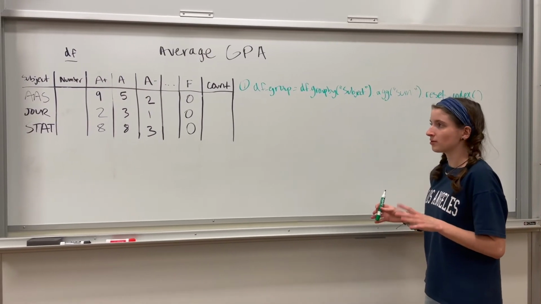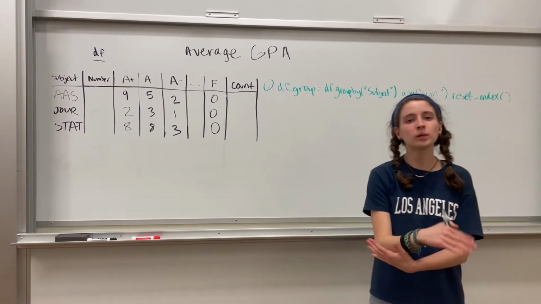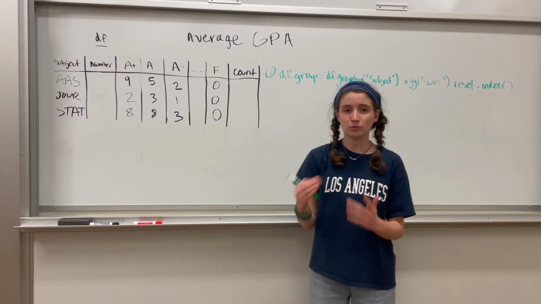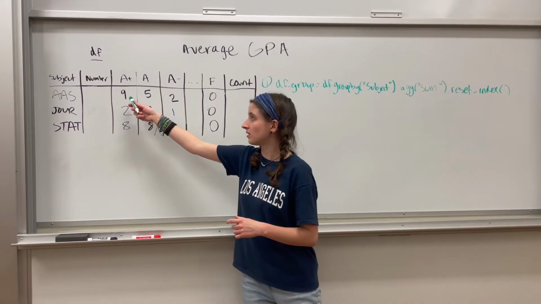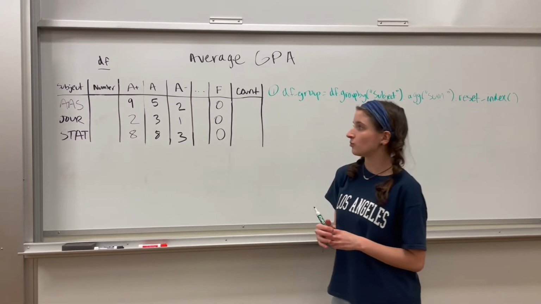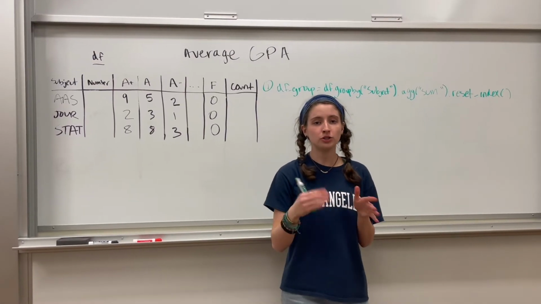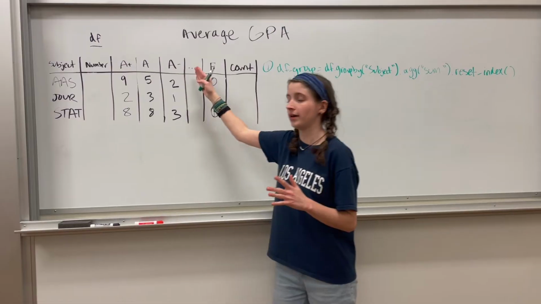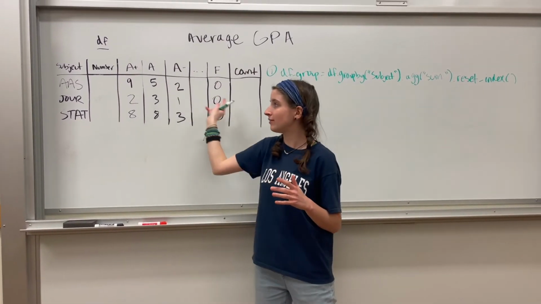So the next step is to calculate, just like we did up there, the total number of grade points each subject earned. So that's weighting each letter grade with whatever points correspond with it, right? And we can do math on columns, like adding them together and weighting them, so we don't have to do it individually for each subject.